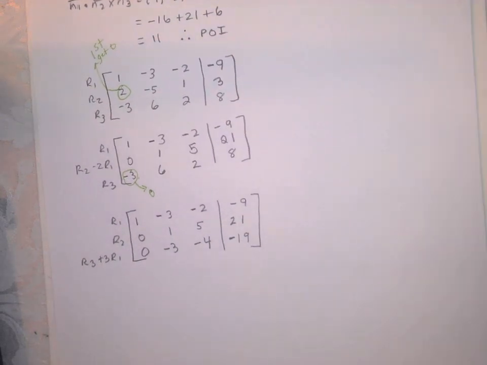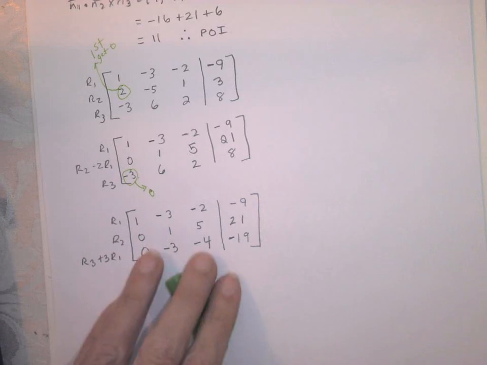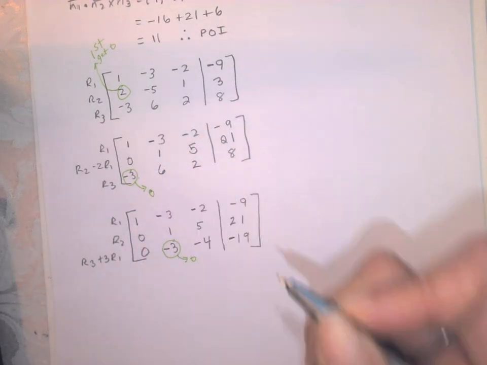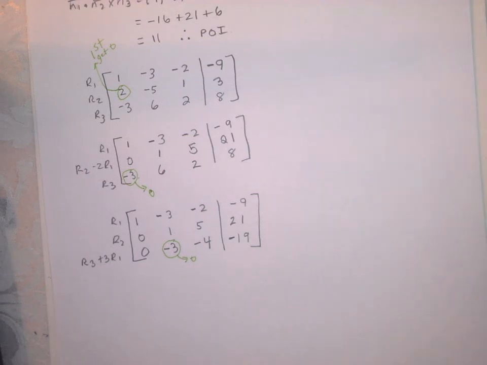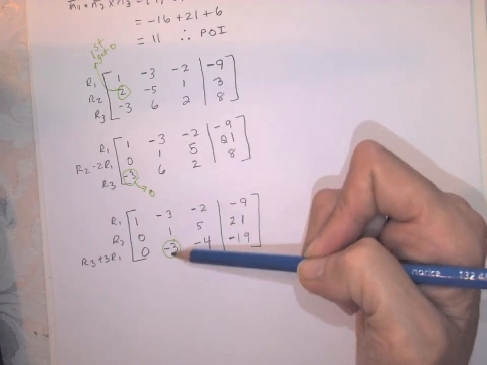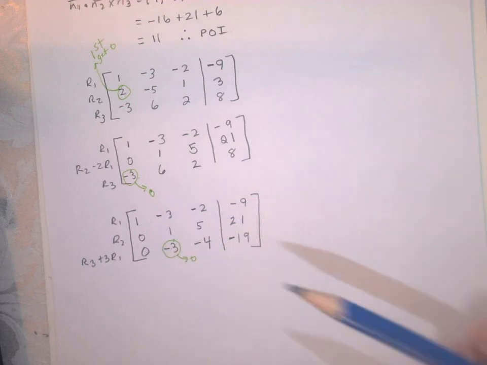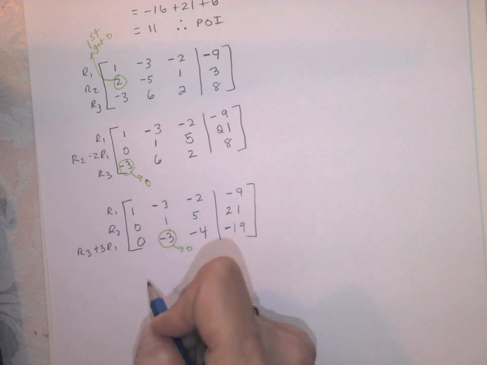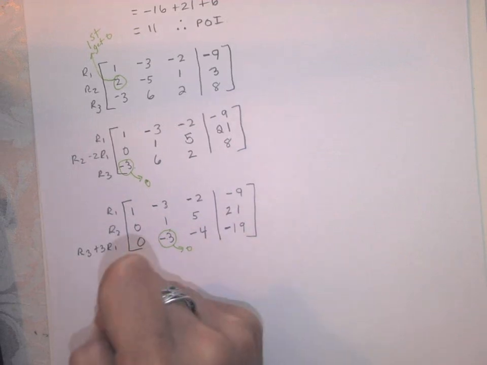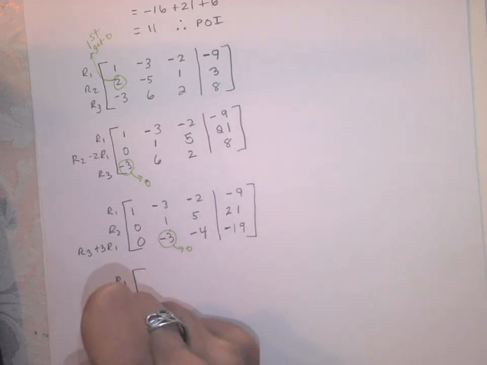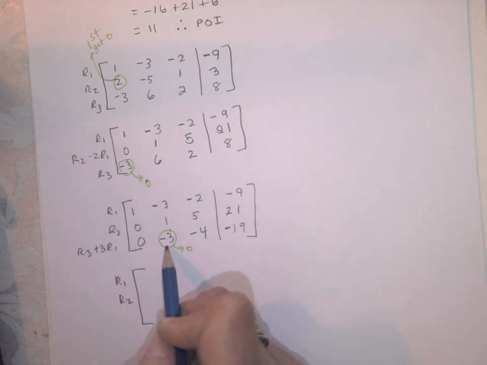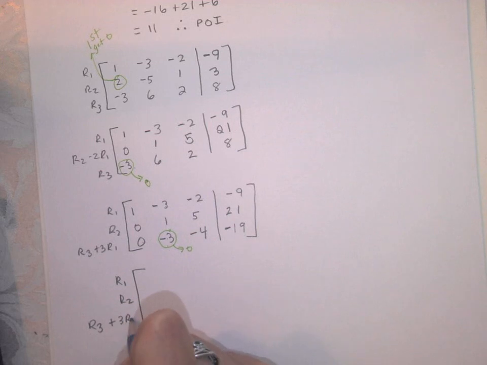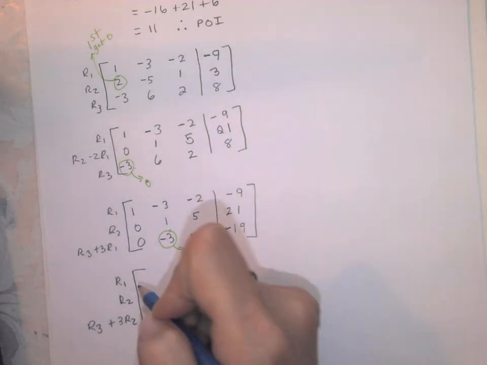Okay, so then the third thing, we want this bottom to be like an L of zeros. That's what we're going for. So we want to get a 0 here. But again, even though it looks really tempting, we can't use the top row because it would undo this 0 here. So we're trapped into using just between row 2 and row 3. So we leave row 1 the same and row 2 the same, and we're going to use row 3 plus 3 row 2s to get our 0 here.